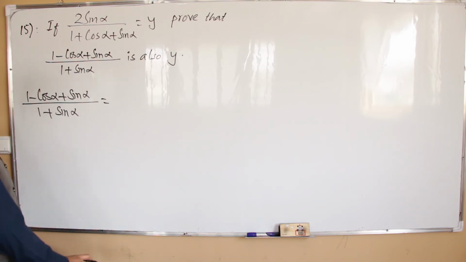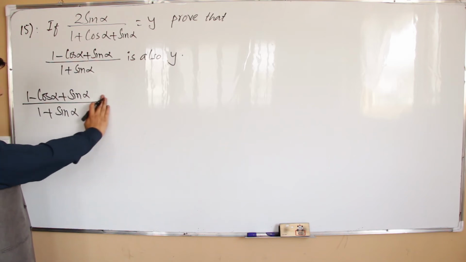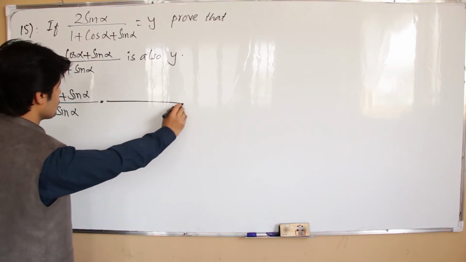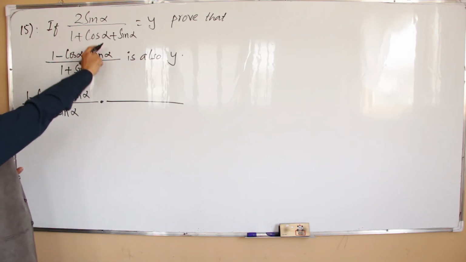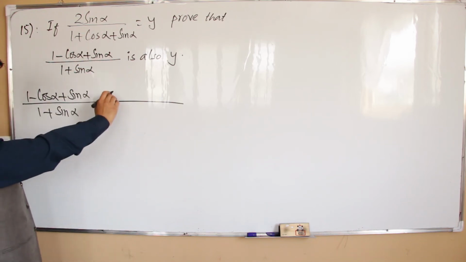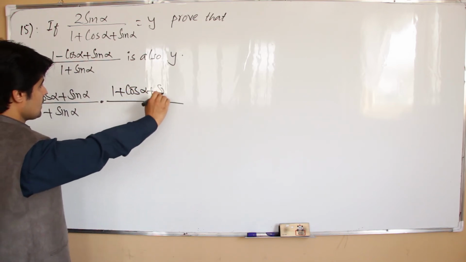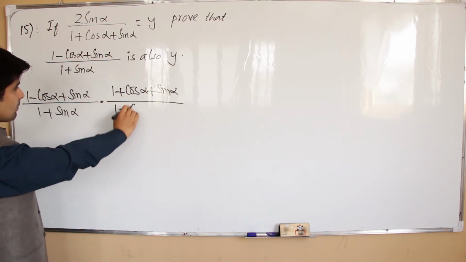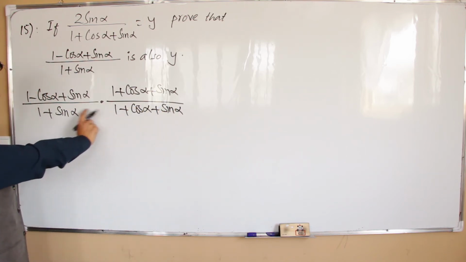Okay, how we can do? I want to multiply the numerator and denominator with the denominator of this one. Why can we do that? Because we have to mix one part of the question with our solution to the question. So can I multiply 1 plus cosine alpha plus sine alpha divided by 1 plus cosine alpha plus sine alpha in numerator and denominator?